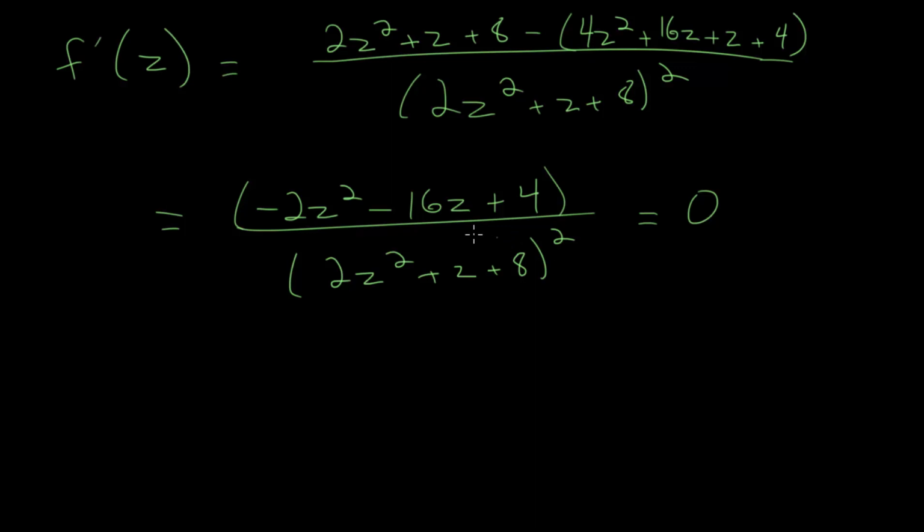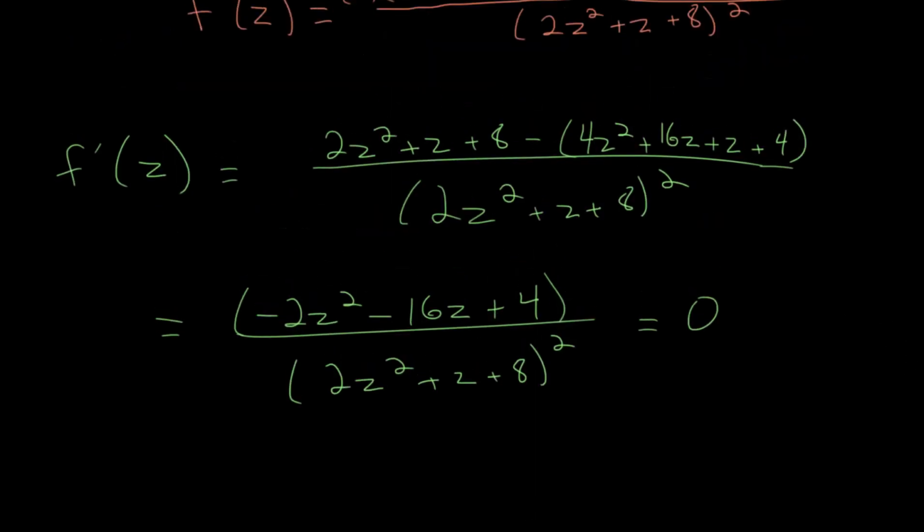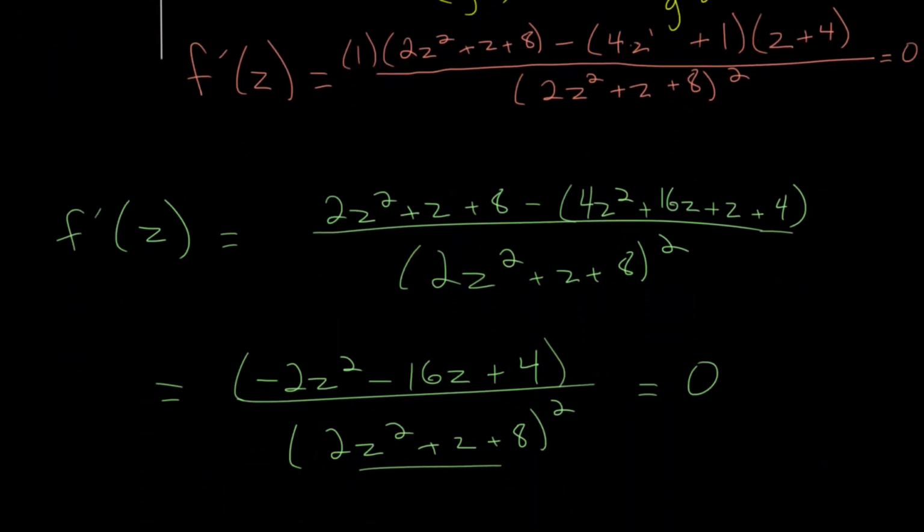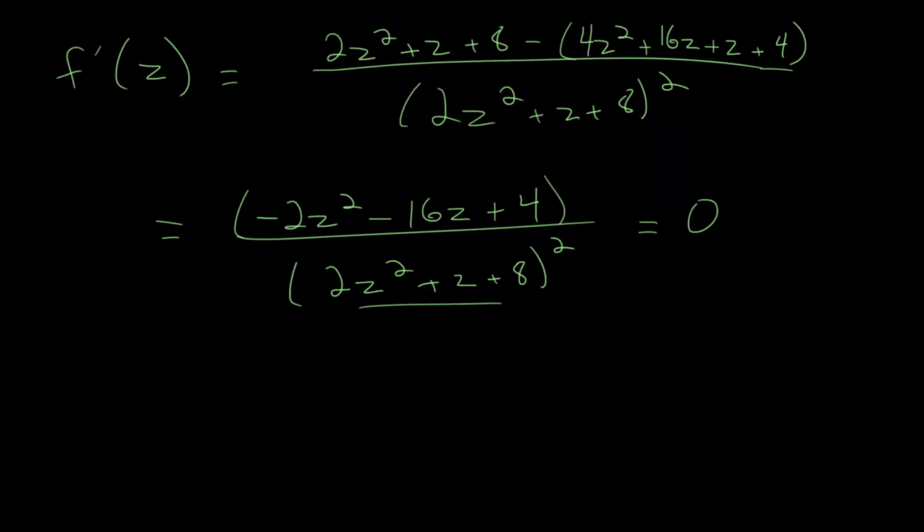We need to find when that first derivative doesn't exist, meaning we would need to figure out when this denominator is equal to 0. However, that denominator of our derivative, notice, is basically the exact same denominator of our original function. The only difference is that this is squared. But it doesn't matter. The main idea is that the denominator will equal 0 at the exact same values.